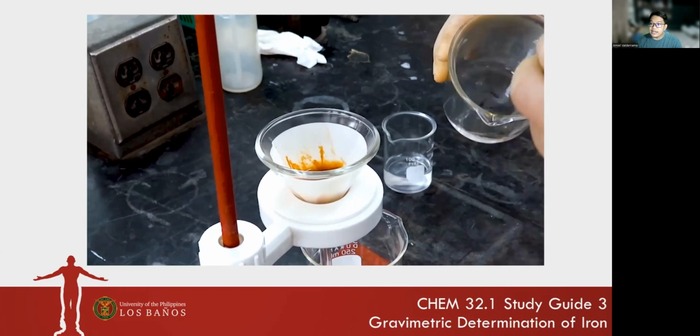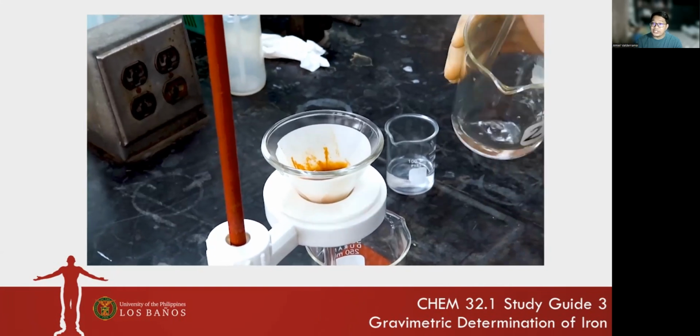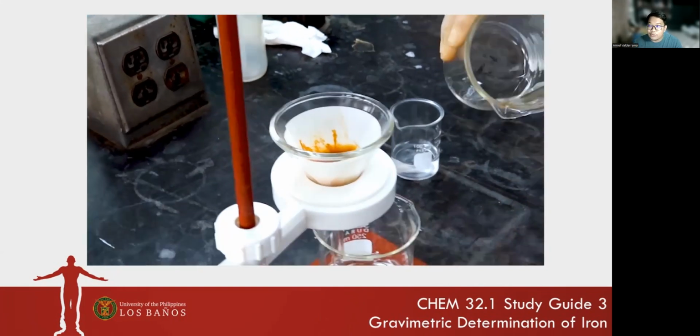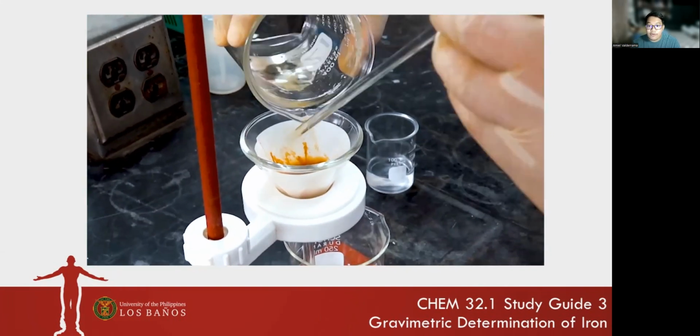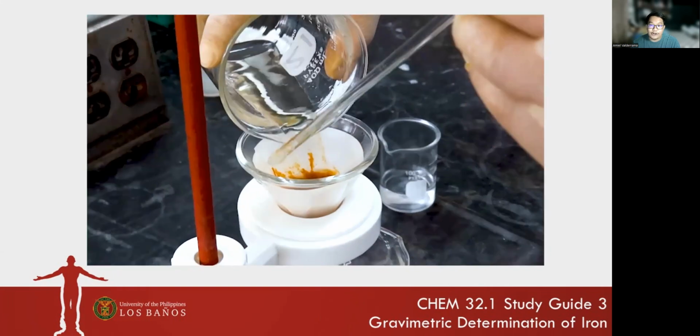As you can see, even the one adhered on your stirring rod is also being cleaned and washed so that we can account for all the iron present in your sample.